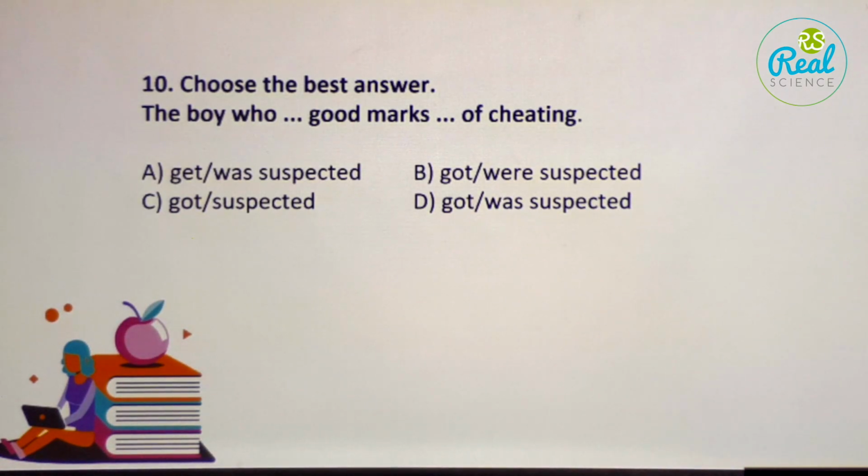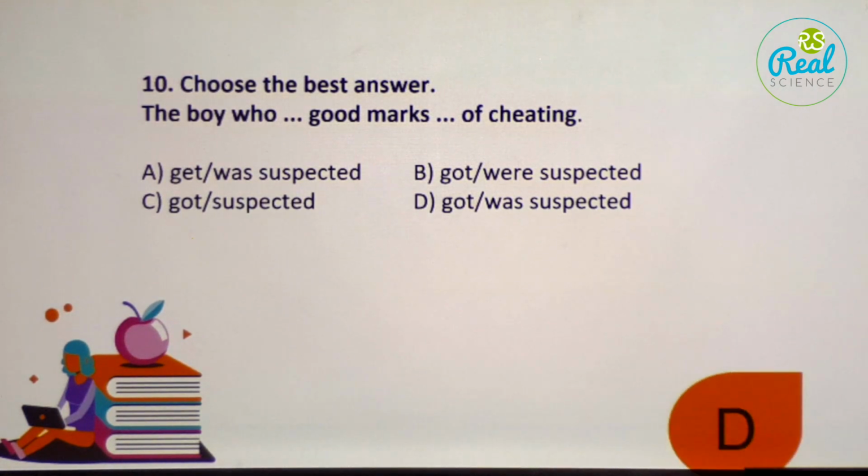Next, number 10, choose again the best answer. The boy who got good marks of cheating. What does cheating mean? Miss Malika, you said the answer. I was curious. I read only the first part. It's C, suspect.